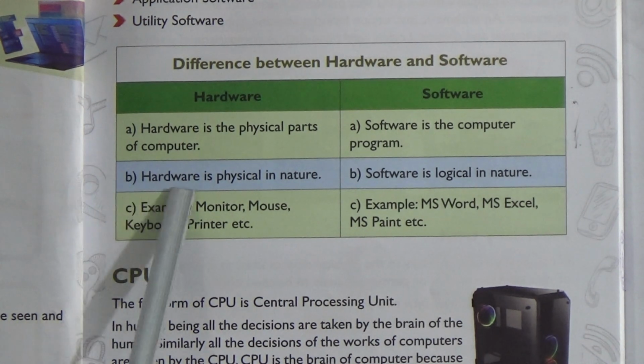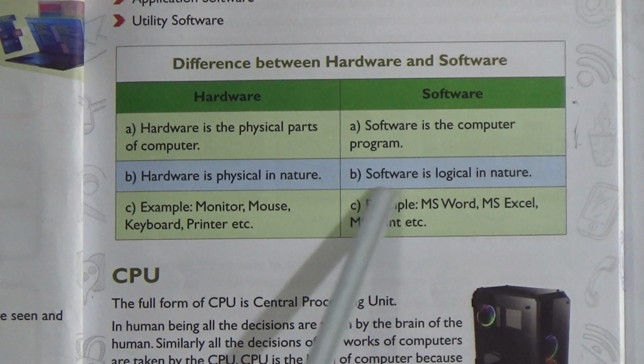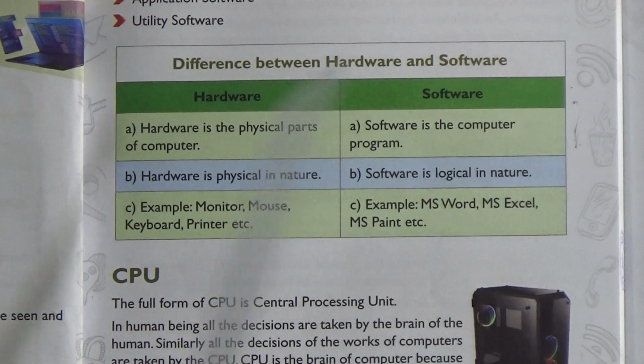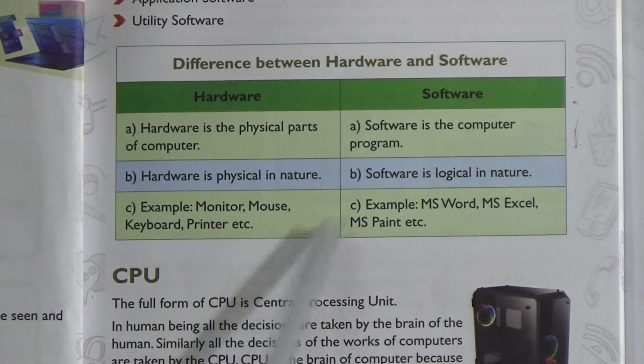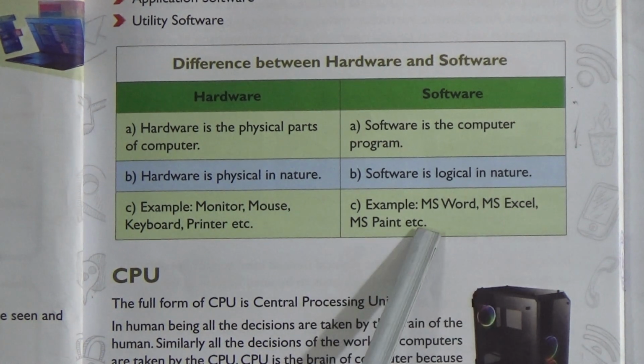Number B, hardware is physical in nature, and software is logical in nature. Number C, example: monitor, mouse, keyboard, printer, etc. for hardware, and MS Word, MS Excel, MS Paint, etc. for software.